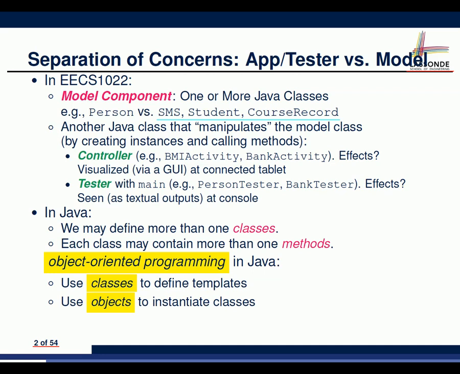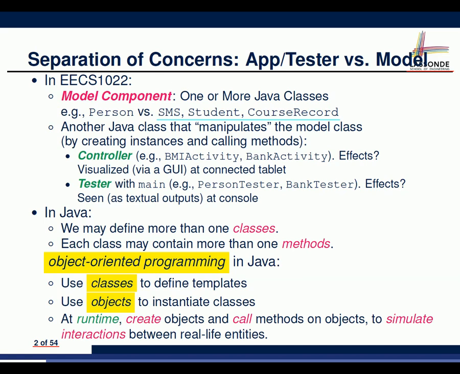Objects will be used to create or instantiate the classes. Then at runtime, maybe it didn't make much sense when you were back in 1022. Maybe think about this. When we were trying to do your lab number 5, the student management system example, the way we define the classes, the attributes, and the methods, what we are really trying to do is mimic the way the real world works.